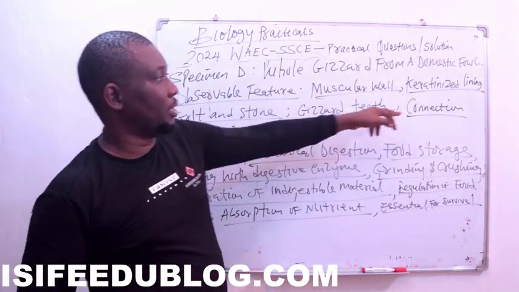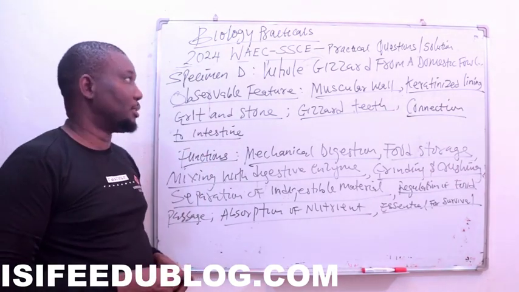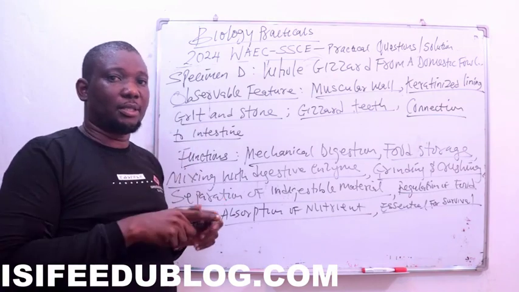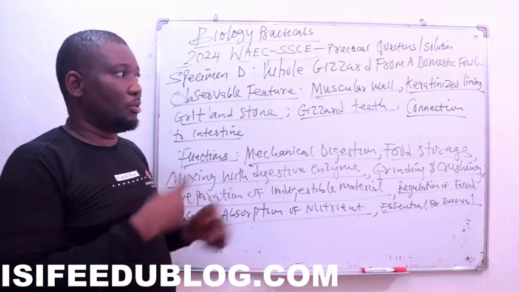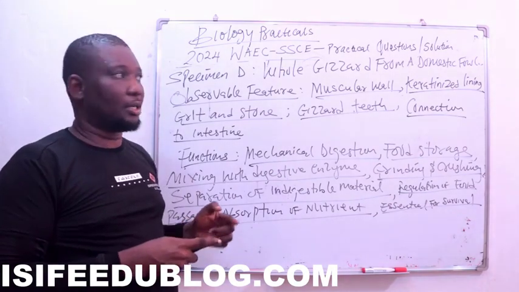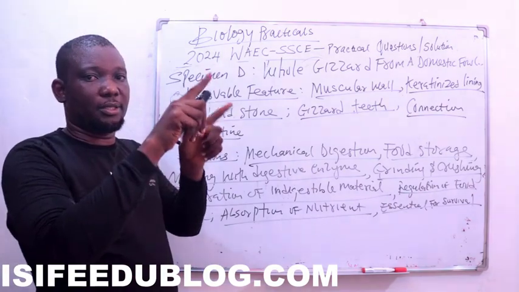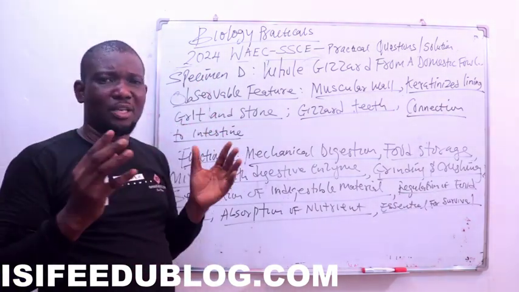And you see a connection of the gizzard to the small intestine. If you look at the picture diagram in the video, you will see something that connects the gizzard with the small intestine. So these are the things you observe.